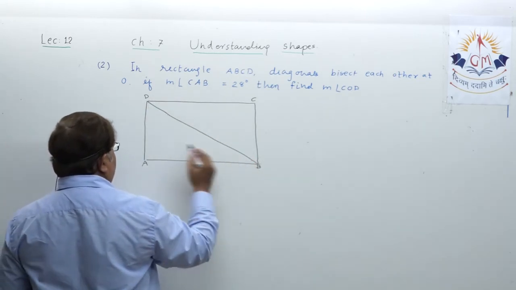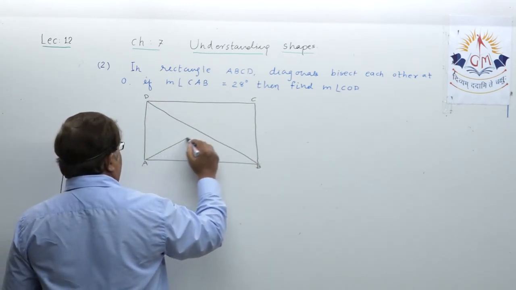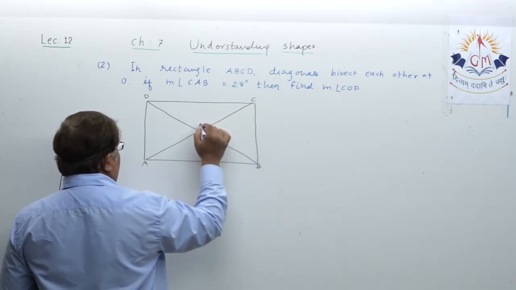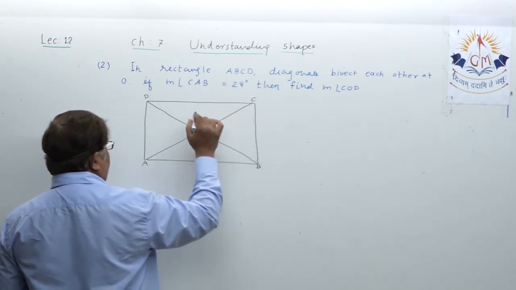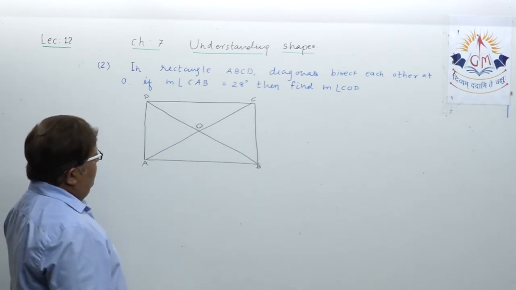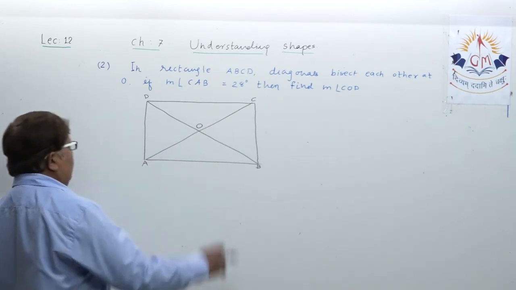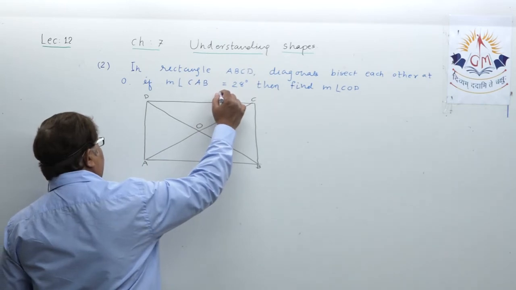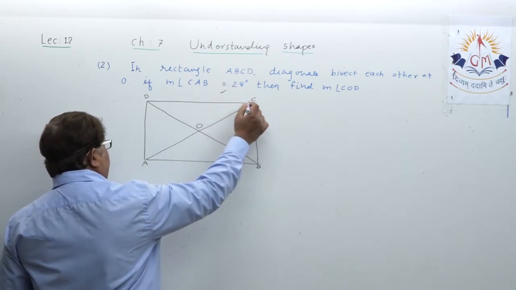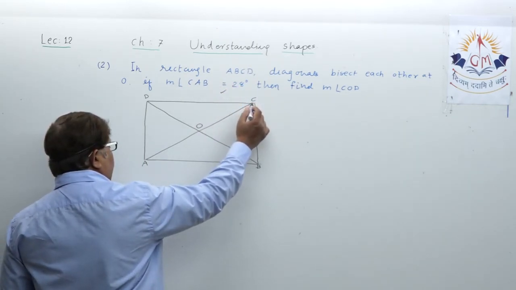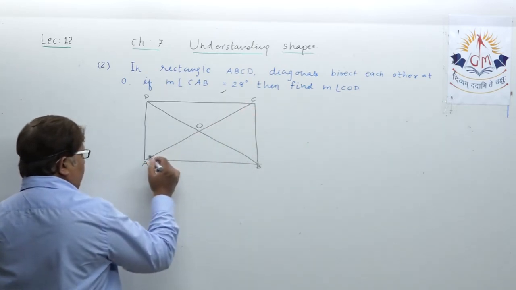Diagonals bisect each other at point O. You are given the measure of one angle, that is angle CAB.